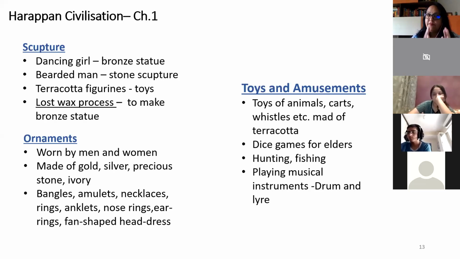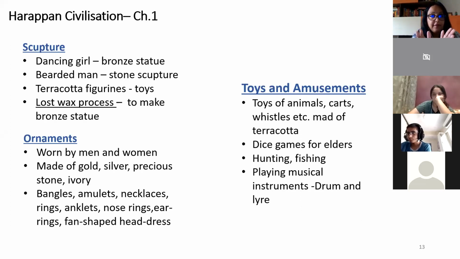So first you take a block of wax and you make a sculpture. You give features, hands, legs, everything. You make a sculpture of wax. On top of it, you put wet mud. You plaster it with wet mud. After doing that, you bake this. When we bake this and expose it to high temperatures, what will happen?